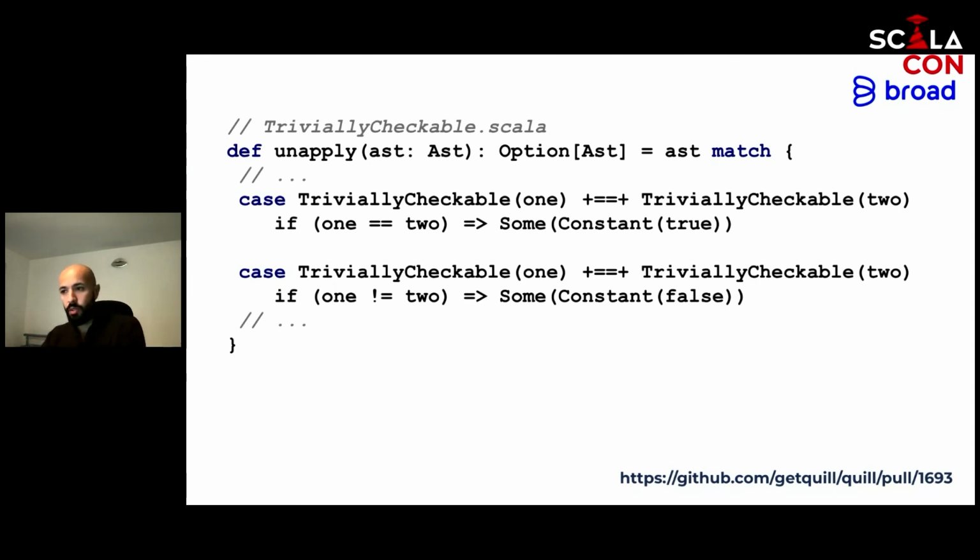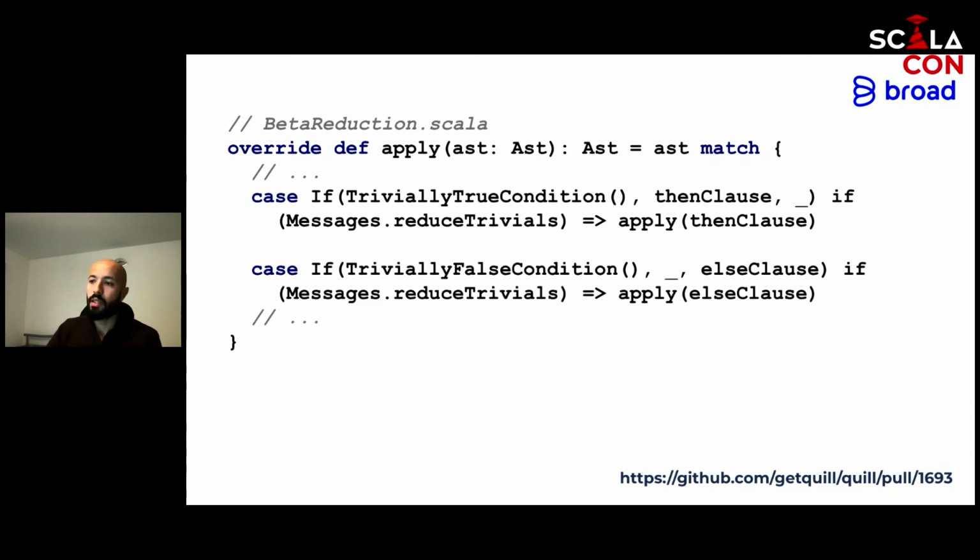And going back to the code that will actually evaluate that, I can say if that AST fits with an if that's a trivially true condition, I know that the then clause is the clause that I need here. If it's a trivially false condition, I know that the else clause is what I need, meaning that I can just drop the other one. I just need one of them, right?